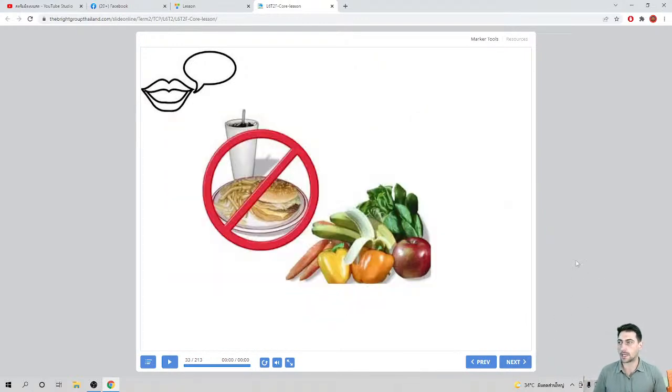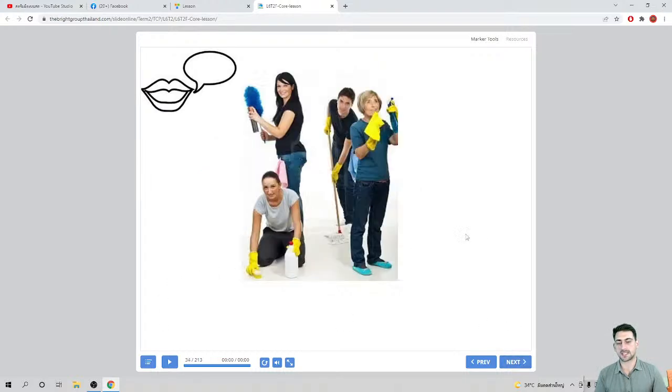Can you remember what it is? Vocabulary word number 5, we call it diet. Good job. Now let's move on to number 6. Activities that we have to do.